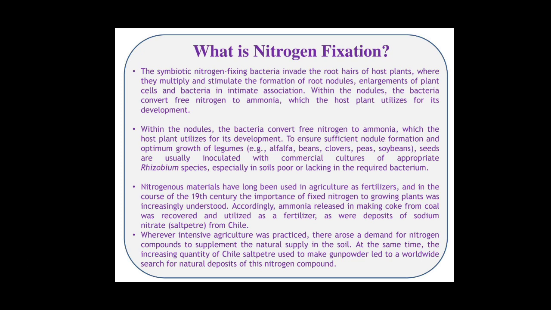Whenever intensive agriculture was practiced, there arose a demand for nitrogen compounds to supplement the natural supply of the soil. At the same time, the increasing quantity of Chile saltpeter used to make gunpowder led to a worldwide search for natural deposits of nitrogen compounds.